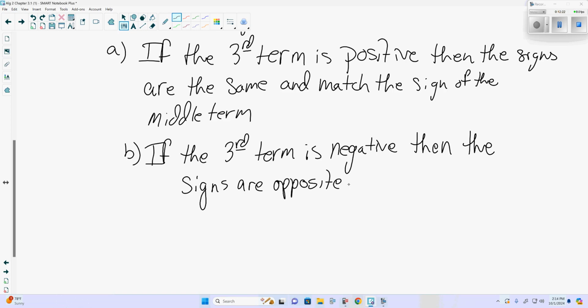All right, a whole lot if it's positive, but if it's negative, they're opposite. One's positive, one's negative, that's it. If the third term's negative, the signs are opposite. One's positive, one's negative. We don't even have to look at the middle term. It's just one's going to be positive, one's going to be negative.